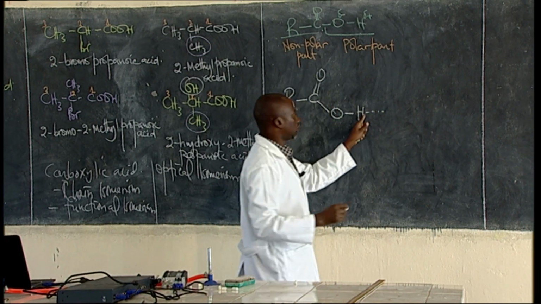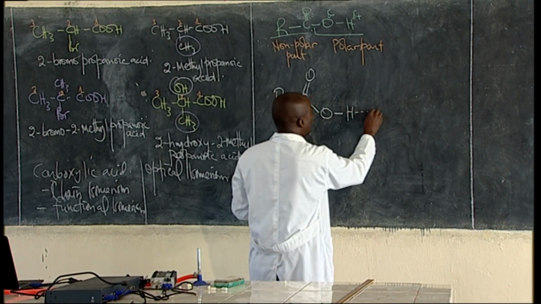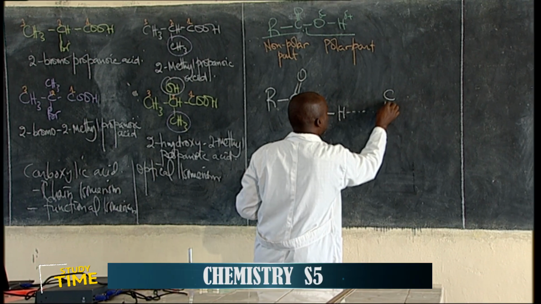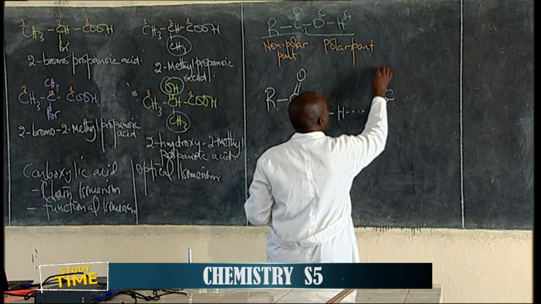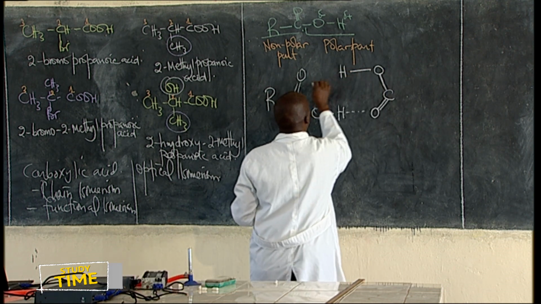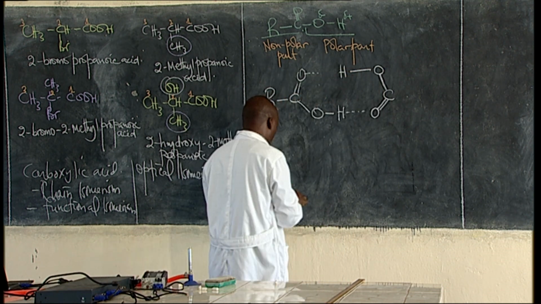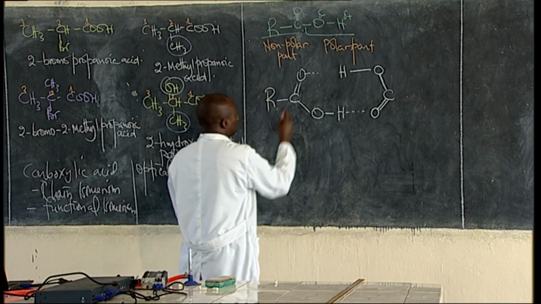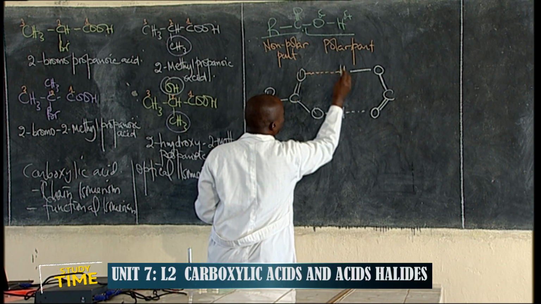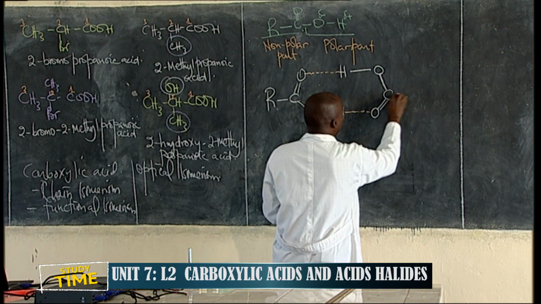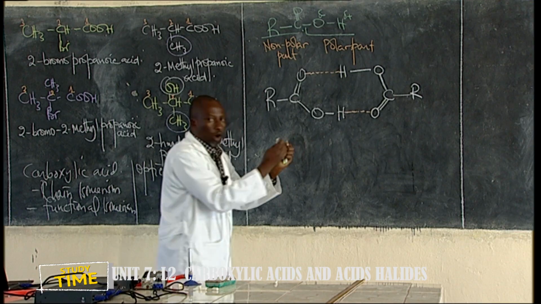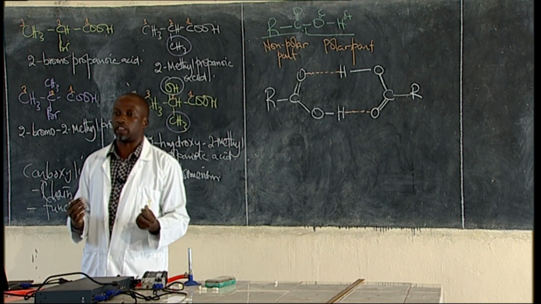So this hydrogen here forms the hydrogen bond with another carboxylic acid molecule. You have a hydrogen bond formed here and another hydrogen bond formed over there, with two molecules associating together.